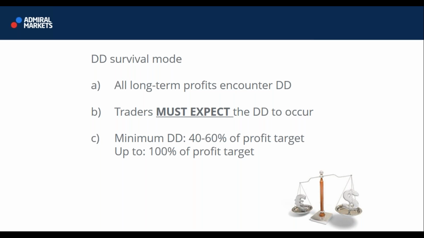With regard to the drawdown you could expect, as I said, it depends on your personality, and the risk you take. But if you typically try to aim for making 5% in a month, then very quickly you should expect that the drawdown could be the same, 5%, right? If not more.